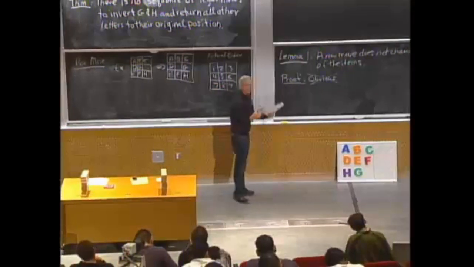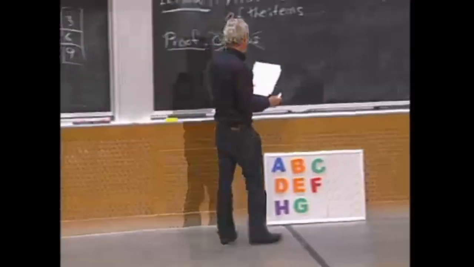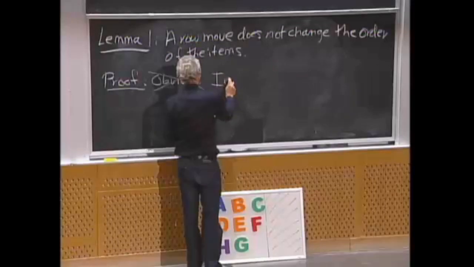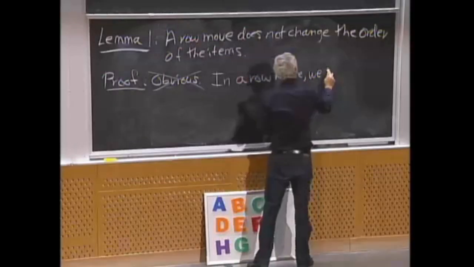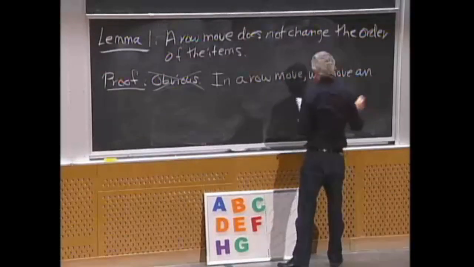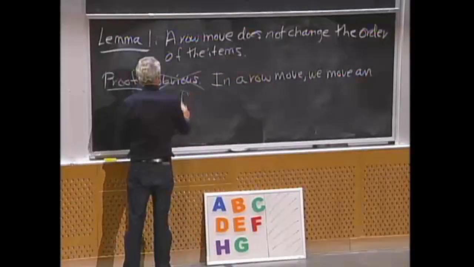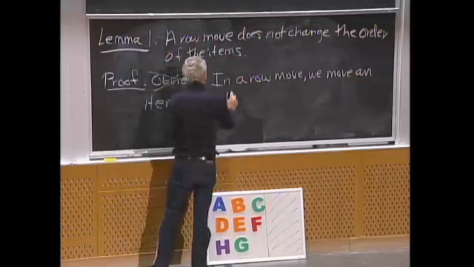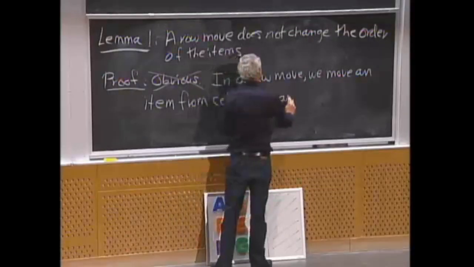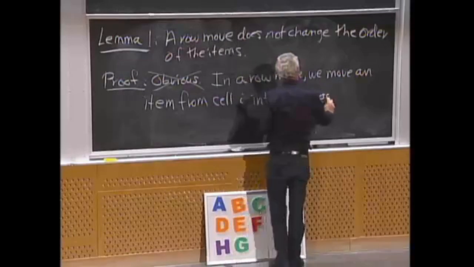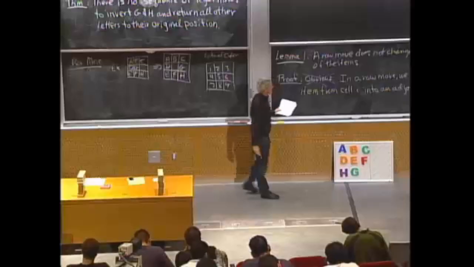So let's specify, what does a row move mean? Just get some little bit of math and specification around it. Well, in a row move, we move an item, a letter, from some cell I, whatever I could be, 1 to 9, into an adjacent cell. What are the possibilities for the adjacent cell?